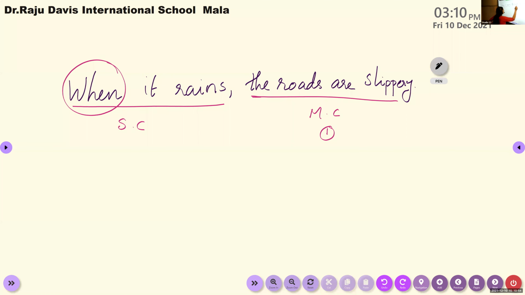So a main clause and one or more subclauses connected to the main clause with the support of a subordinating conjunction. Such sentences are examples of a complex sentence. So what is a simple sentence, children? How can you define a simple sentence now? It consists of one subject, one predicate, and one finite verb.